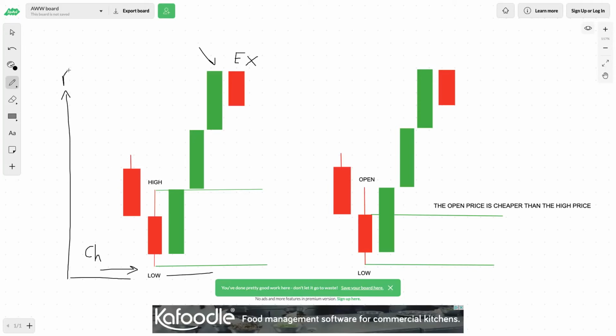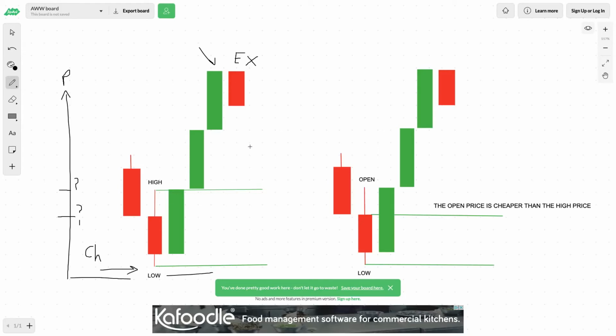If we were looking at the high wick price, what price would you want to buy at? Or what would you say was cheaper? You would have to say that the open price is cheaper.